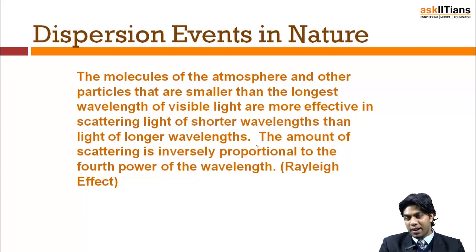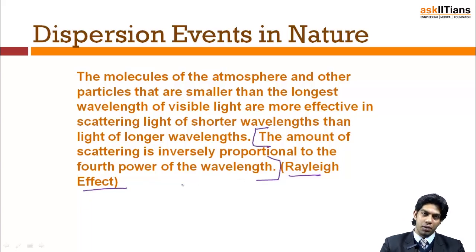The amount of scattering hence will be inversely proportional to the fourth power of wavelength. So that is the Rayleigh effect. Based on Rayleigh's law of scattering, we come across the event of dispersion.